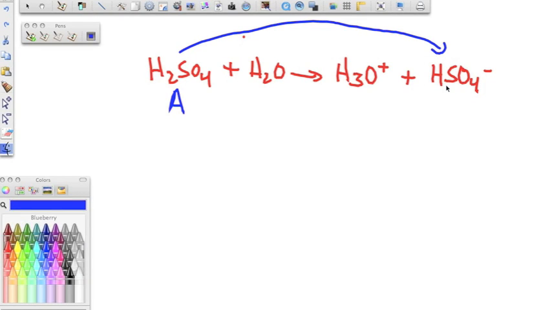That means it donated a hydrogen ion, which is a proton. So anything that donates a hydrogen is an acid. And we look at water, and we know that it is a base because it accepted that hydrogen. It went from 2 to 3, so this is a base. So we know that acids make conjugate bases, and bases make conjugate acids.